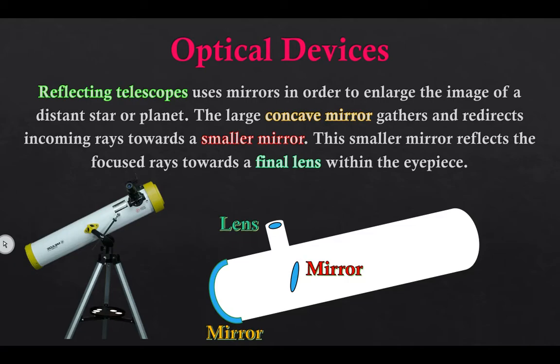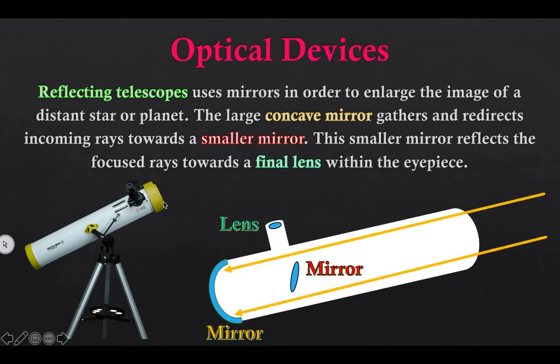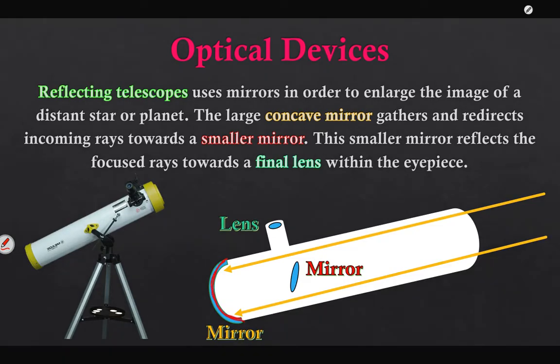So now let's compare that refracting telescope we just looked at to a reflecting telescope. We are still going to have light coming in from whatever we're trying to see, but this is not a lens. So it's not going to bend the light. What it's going to do, that's a mirror, is reflect the light. It's going to hit another mirror, which is going to reflect it again, because you can see when we reflected it, it wasn't straight.